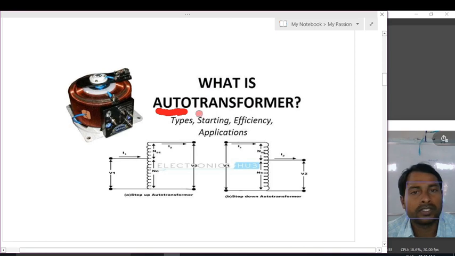Now the working principle. First of all, what is the working principle of a transformer? That is what we should remember: mutual induction is the working principle of a transformer.